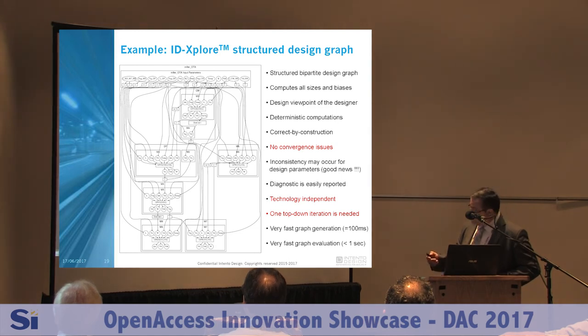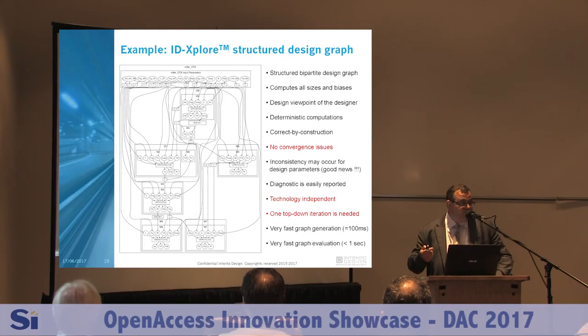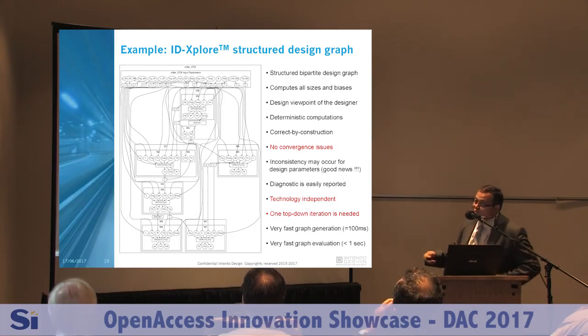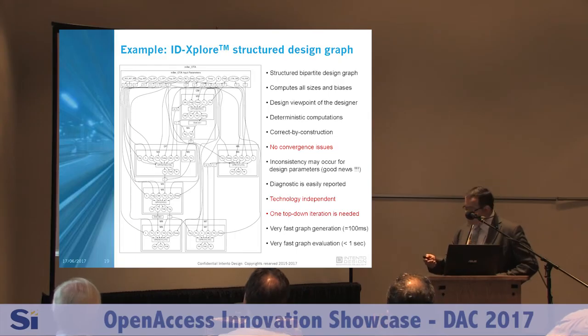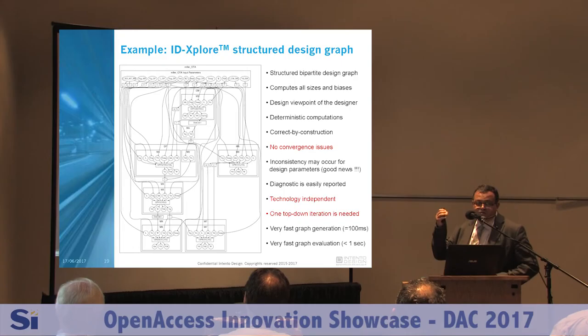We have here M3, followed by M1, followed by M5, followed by M8. So we are capable of deducing quickly what the designer would like to do, and we just do it quickly for him. But we cannot deduce it without the input of the designer. This theory simply tells that if we have a set of DC constraints and a set of parameters, we have only one graph that satisfies both.